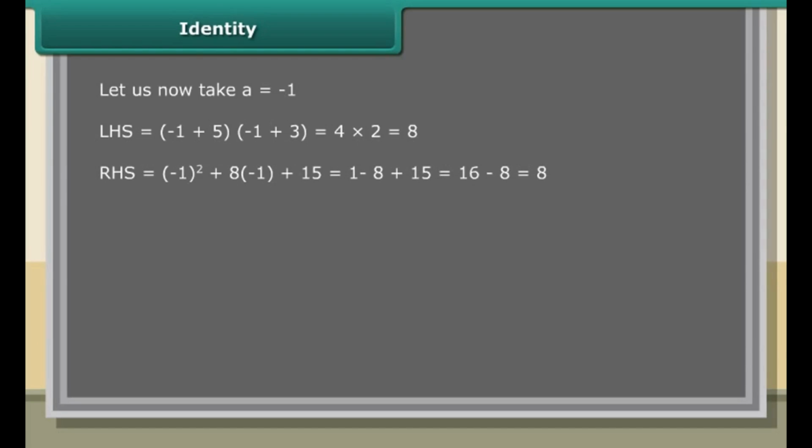RHS is equal to minus 1 square plus 8 into minus 1 plus 15 is equal to 1 minus 8 plus 15 is equal to 16 minus 8 is equal to 8. For a is equal to minus 1, LHS is equal to RHS.